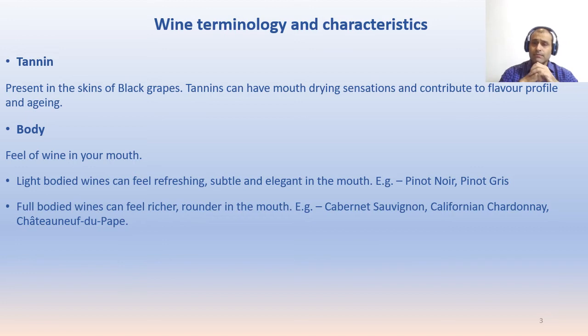So wines like Pinot Noir or Pinot Grigio are generally light-bodied, and then the big, bold red wines like Cabernet Sauvignon, or Californian Chardonnays, or Chateauneuf du Pape are bigger and richer. They've got a heavier mouthfeel on your palate, and that is why they are called full-bodied wines.